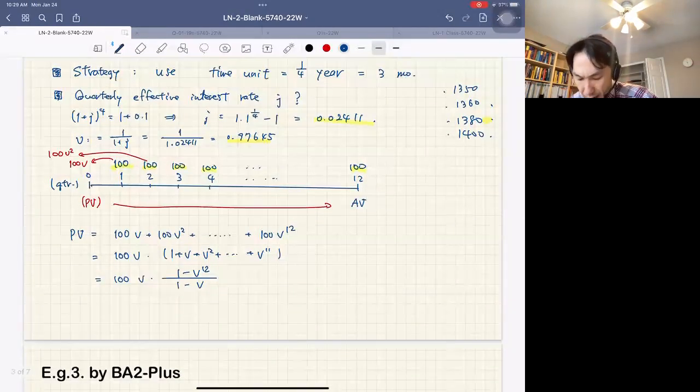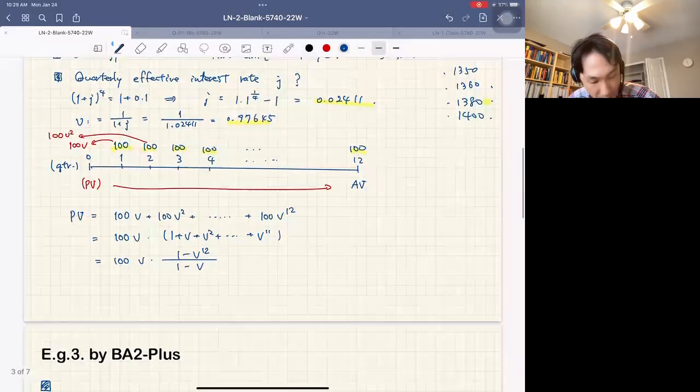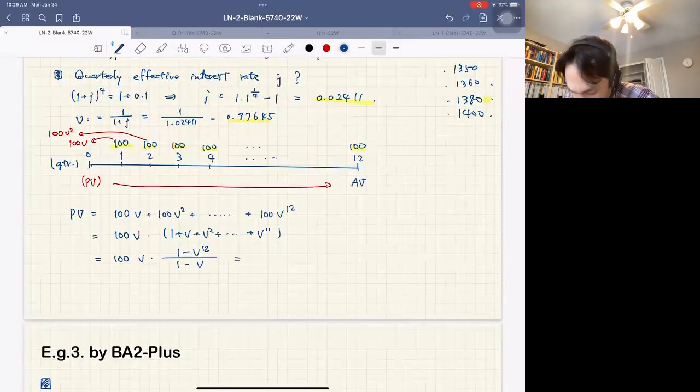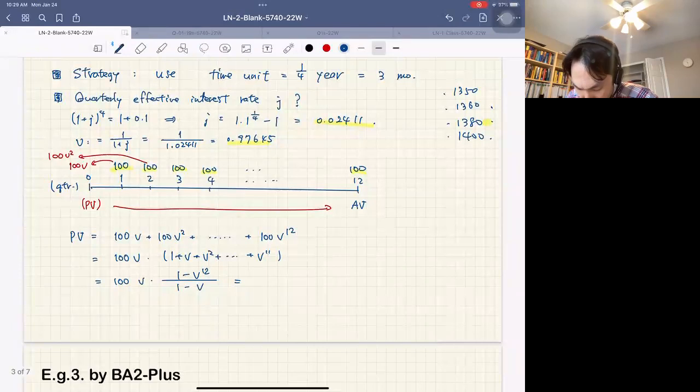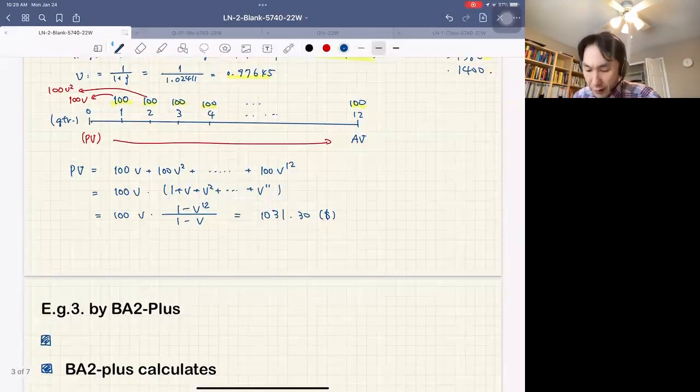Since V is less than 1, this is easier than V to the 12th minus 1 over V minus 1. So this becomes $1,031.30.